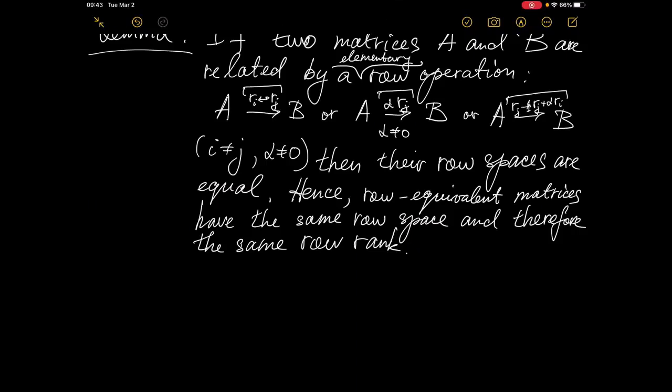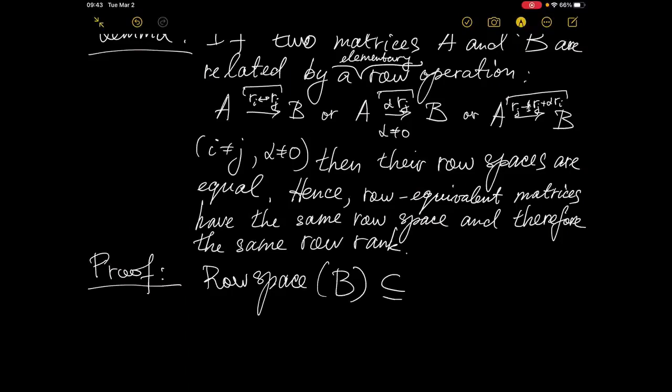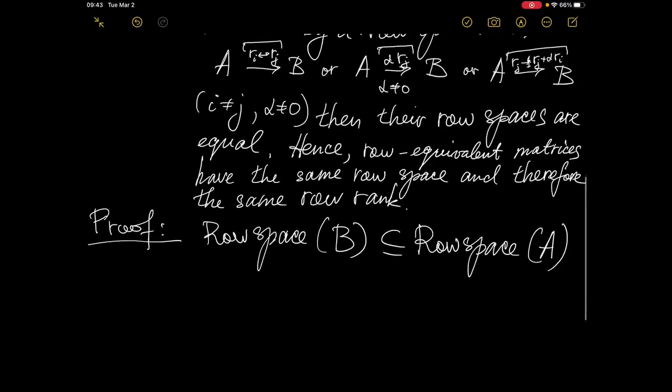So as a result, the row space of B is included in the row space of A. It follows just because every row of B is nothing else but a linear combination of rows of A.